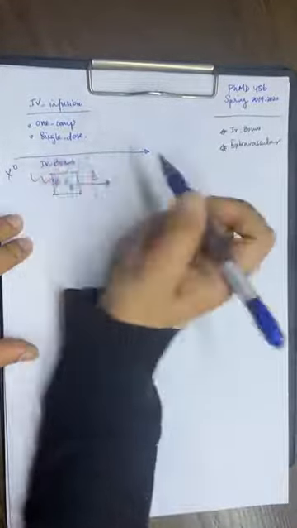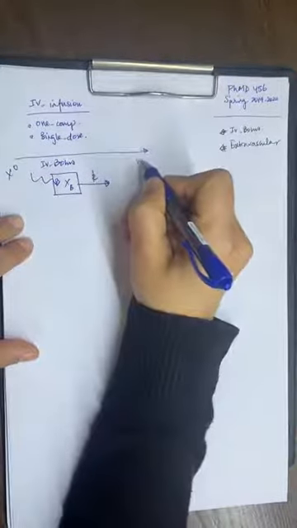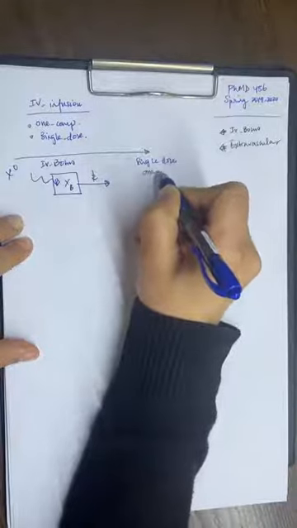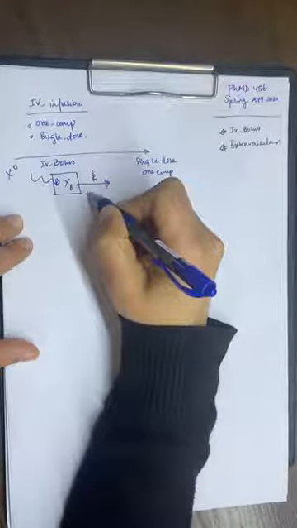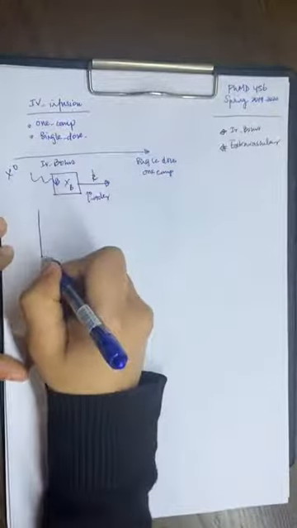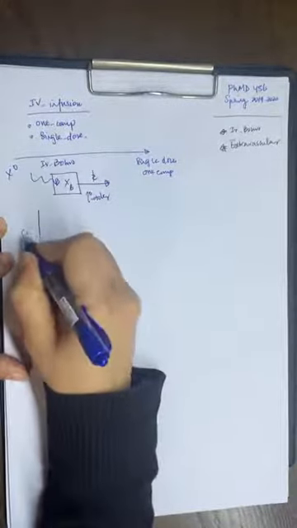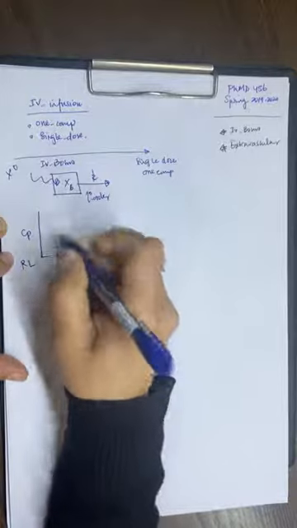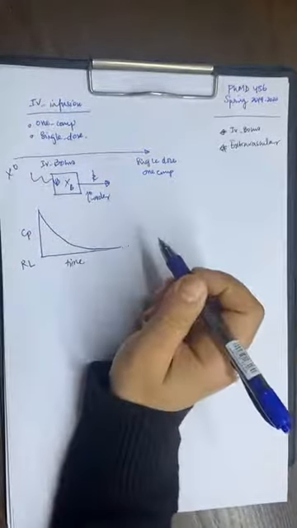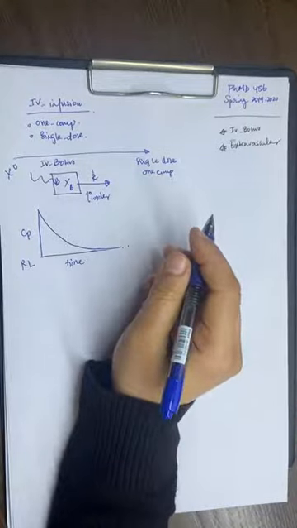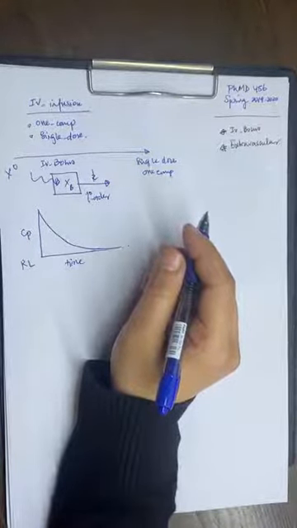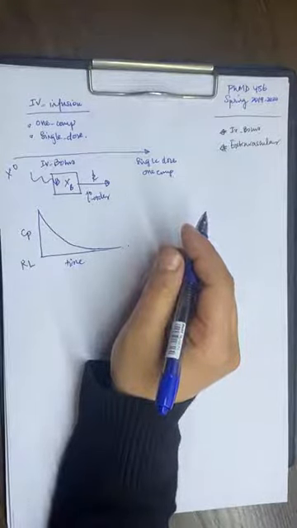Again, we are talking about single dose, one compartment and first order elimination. When we have this, the profile on rectilinear concentration versus time is the same as we know, which is a mono-exponential declining profile, which is the profile that you have in your third slide of the IV infusion slides.